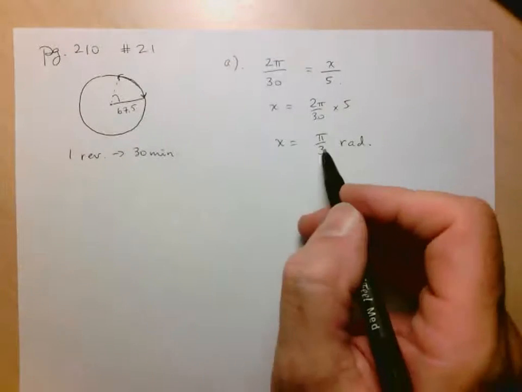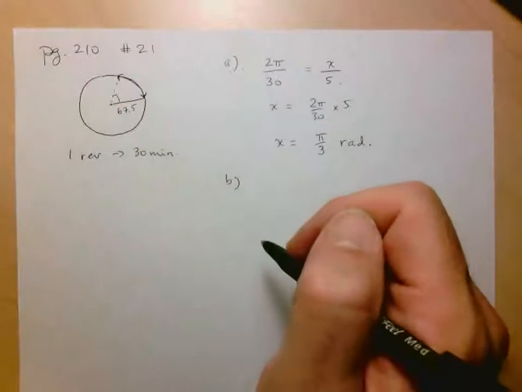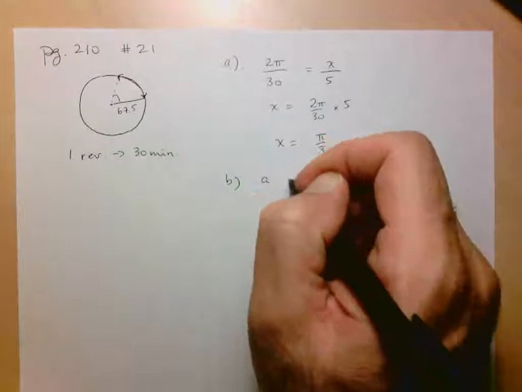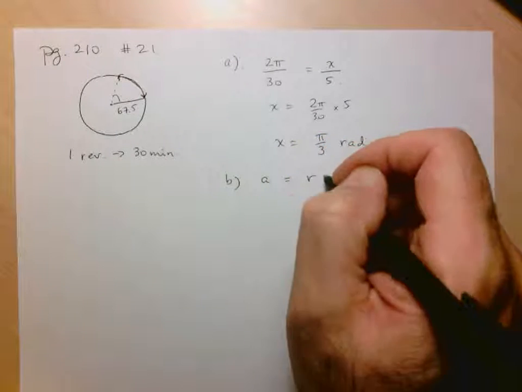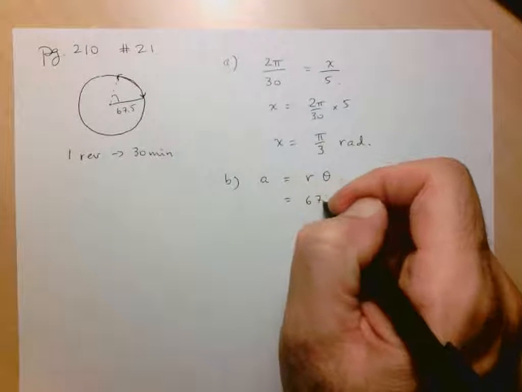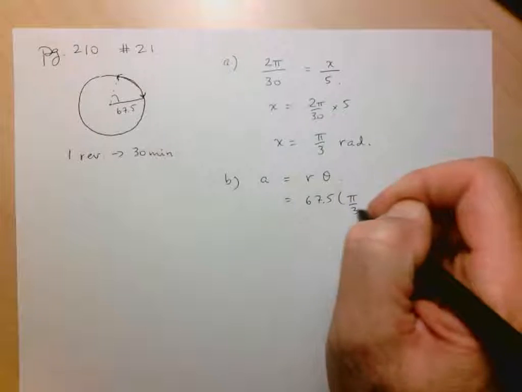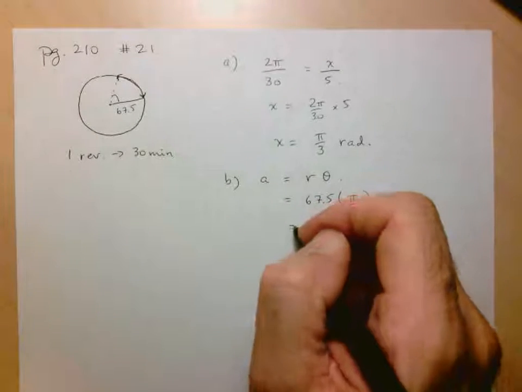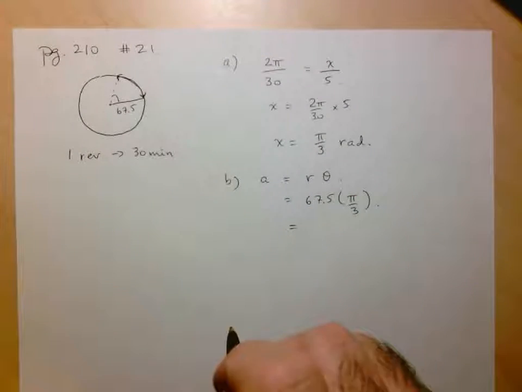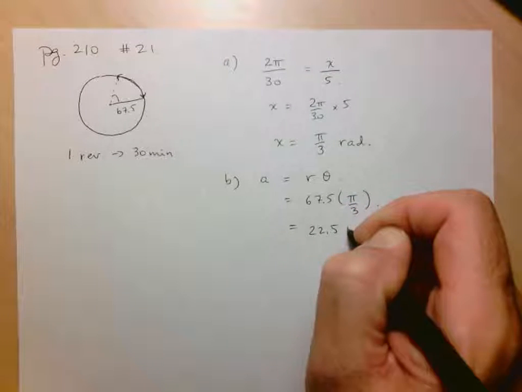Now that we know the angle that it travels in those 5 minutes, we can solve for that arc length. Our relationship is that arc length is equal to the radius times the angle in radians. We know the radius is 67.5, and we know the angle, which we just calculated, is pi over 3. That's actually a nice division, and it simplifies to 22.5 pi.